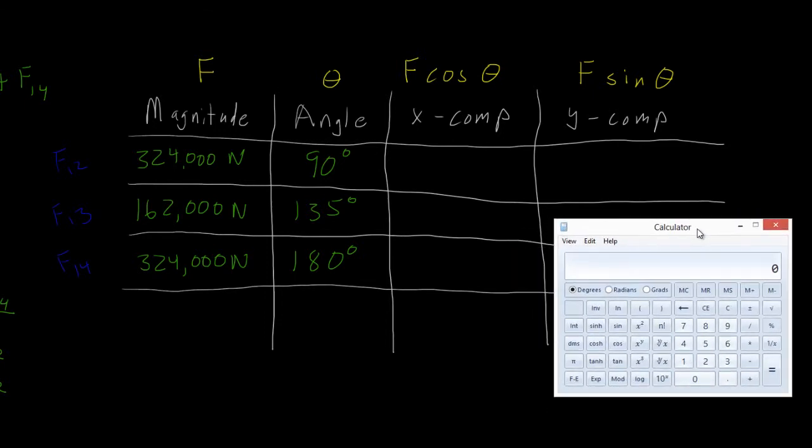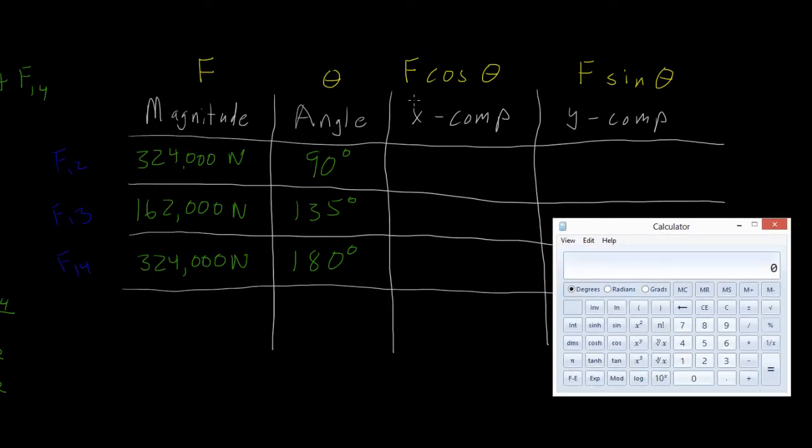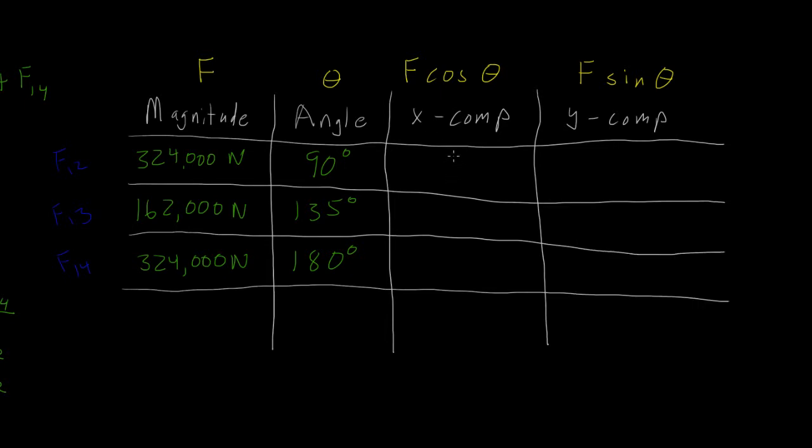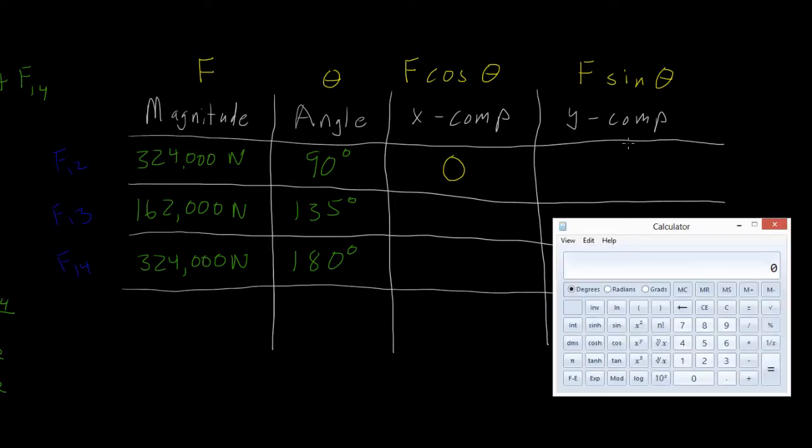So let's start here. I'm going to take the cosine of the angle first. Make sure my calculator is in degrees. So I'm going to do 90, and then cosine, which is 0. So when I multiply by the magnitude of the force, 324,000, I'm just going to get 0. So here the x component is 0. And you can imagine that if I take the sine of 90 degrees, that's 1.